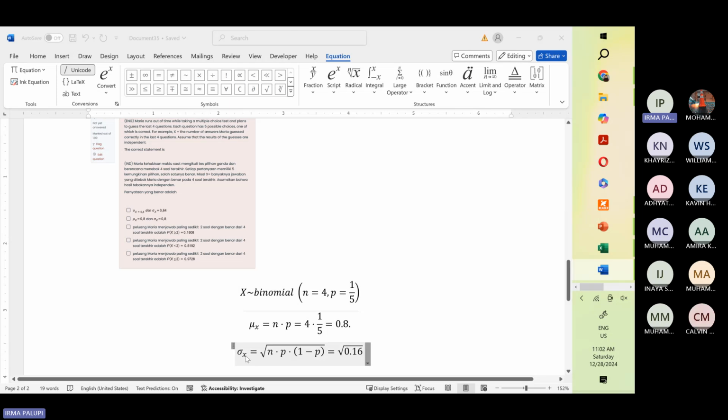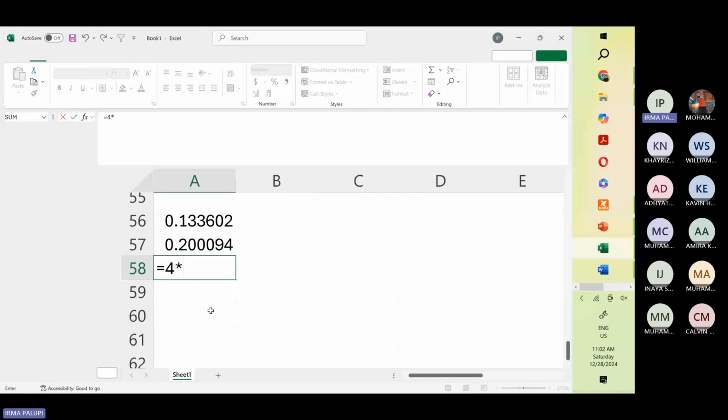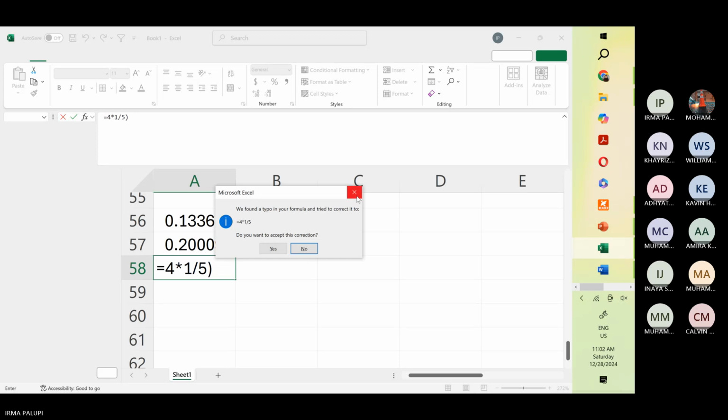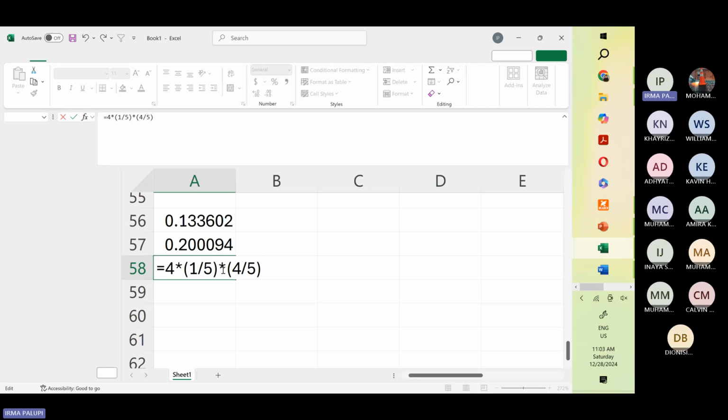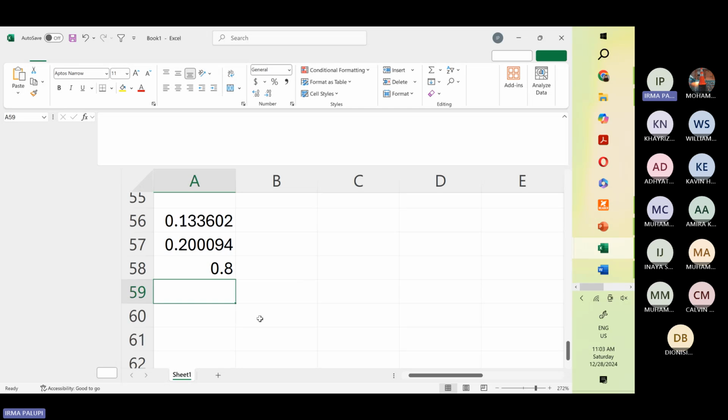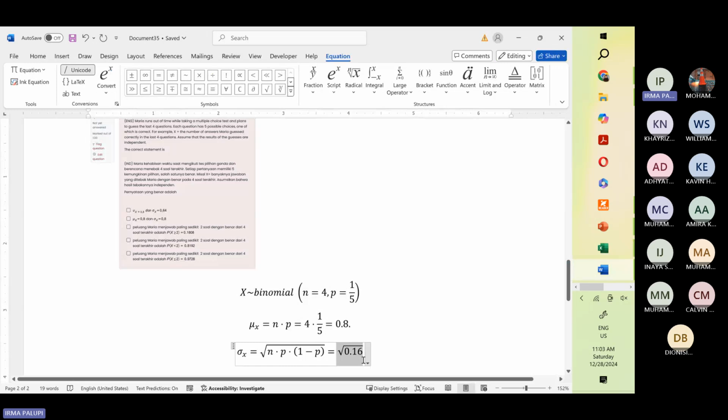This is 4 times 1/5, the success probability, times the failure probability, which is 1 minus p, 4/5. And we need to take a square root, because what the problem asks for is the standard deviation.